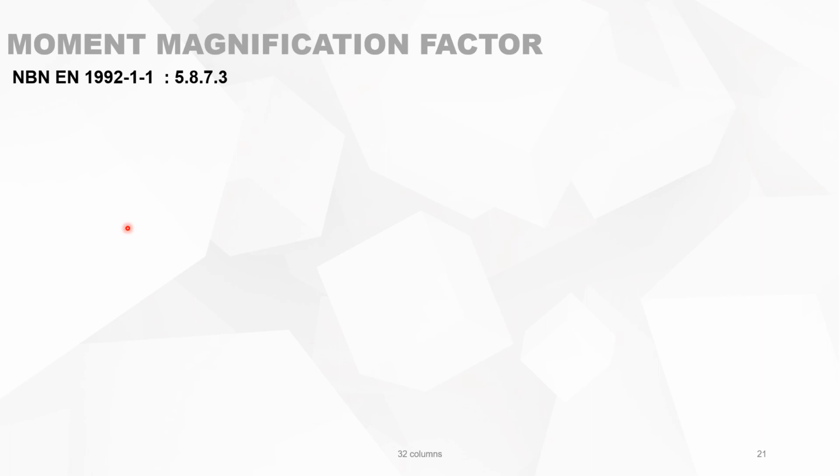Then the second method is the moment magnification factor method. The second order bending moment: we remember we've seen in the previous slides that the bending moment of the second order is the normal force times x, the displacement. And we've seen that x is equal to NEd divided by N critical minus NEd, times e1.